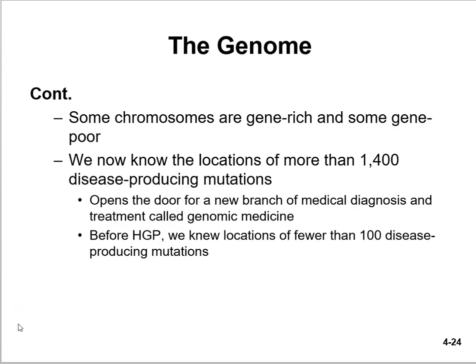Some chromosomes are very gene-rich and some are very gene-poor. We now have done what we call mapped chromosomes. We know the locations of more than 1,400 disease-producing mutations on those chromosomes. And that opens up a new door and a new branch of medicine so that we can treat people at the genetic level.